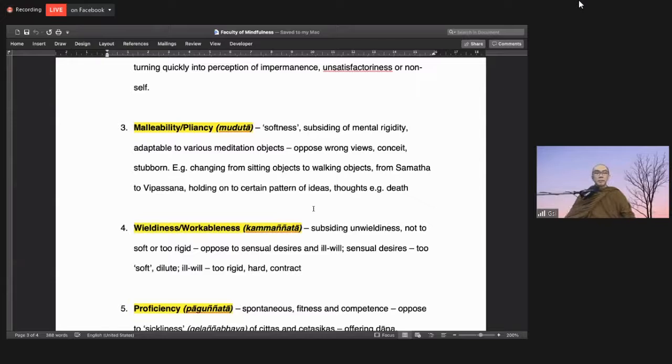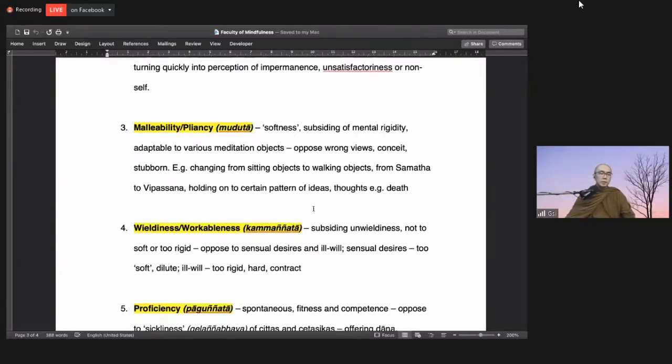Or even from samatha to vipassana, we tend to go back to our habitual object. The mind tends to go back to its habitual practice. So when you go to a new practice, to a samatha practice, the mind does not want to take note of the samatha. You just want to come back and see the changing, arising, passing away.